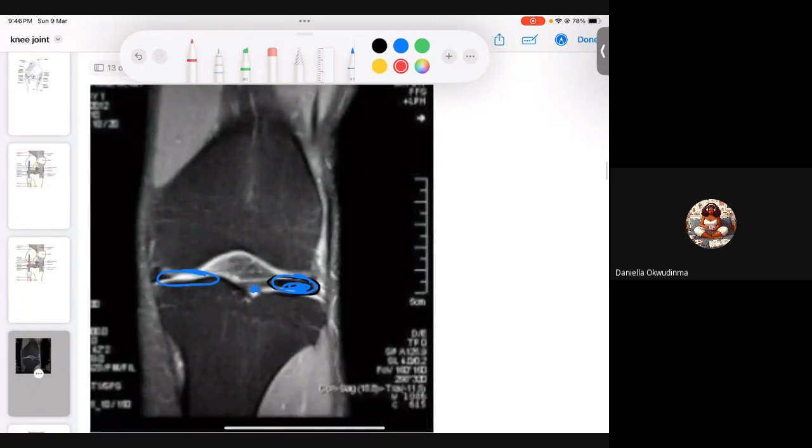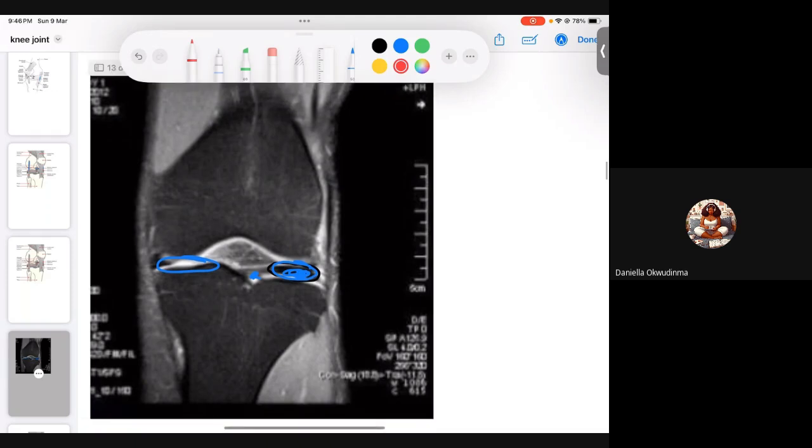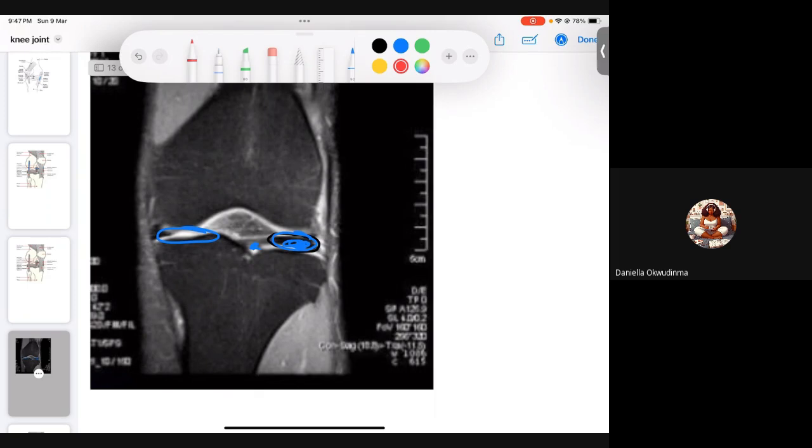Then we discuss our menisci, right? We discussed that we have crescent shaped pads in between your knee joint, which are known as menisci. My question for you is, how can someone have a meniscal injury or meniscal tear? When there's a rotational injury, so rotation of the knee when the leg is fixed in a position.